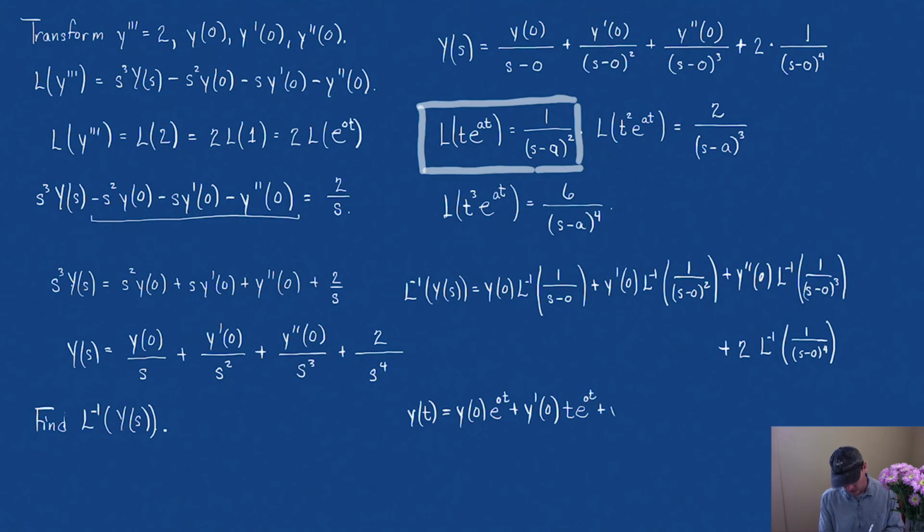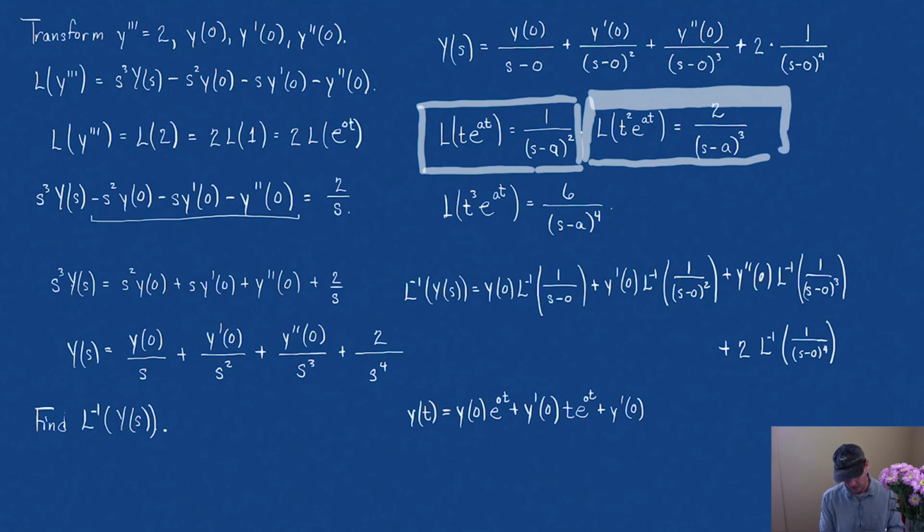Plus, now we have a y double prime of 0, and we're going to use the next inverse Laplace transform that we found. That's going to give me a t squared e to the 0t.